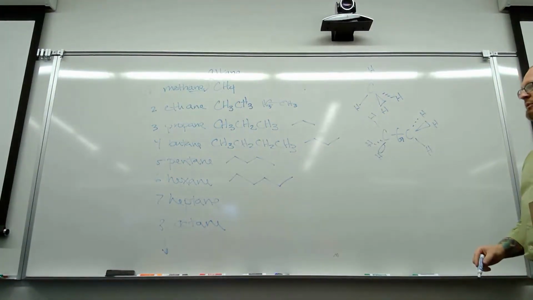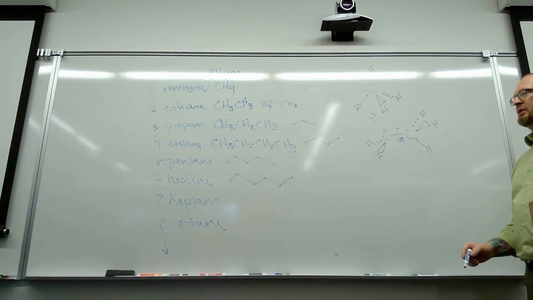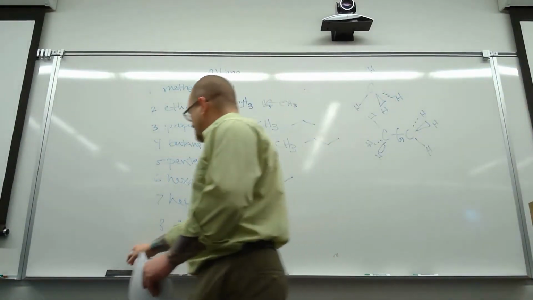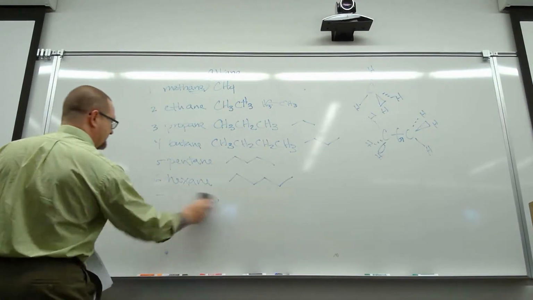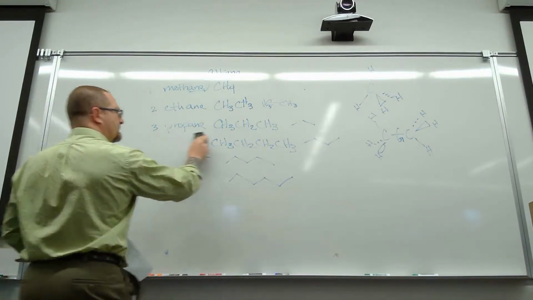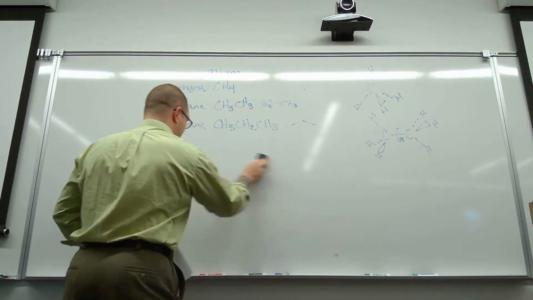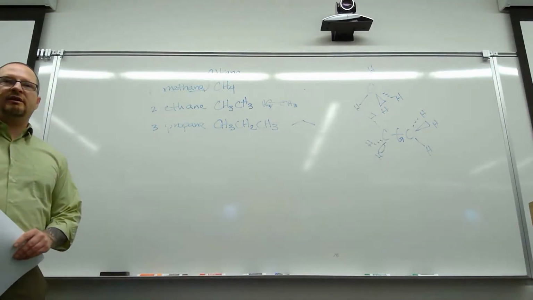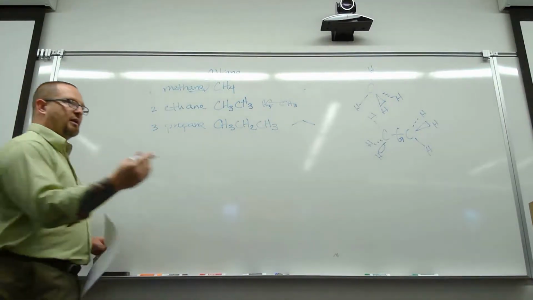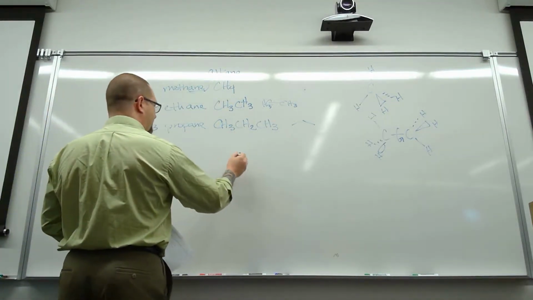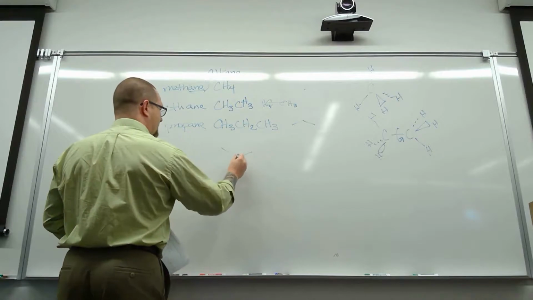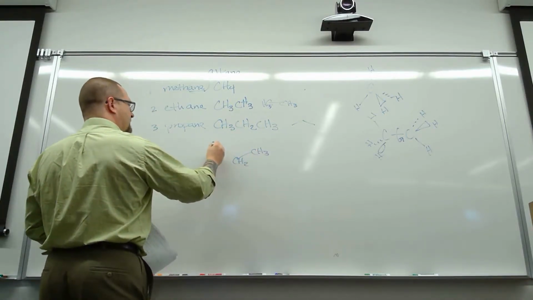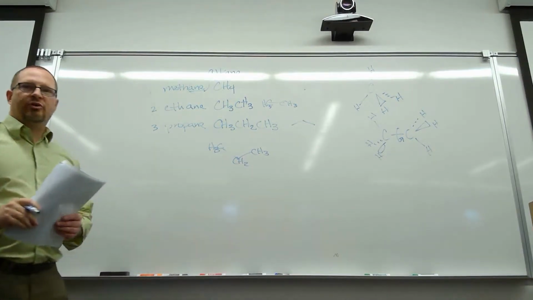Propane is where it starts to get a little bit interesting. Propane itself has just 3 carbons, so there's only one way you can put that together because you have a central carbon. So propane will look like propane.